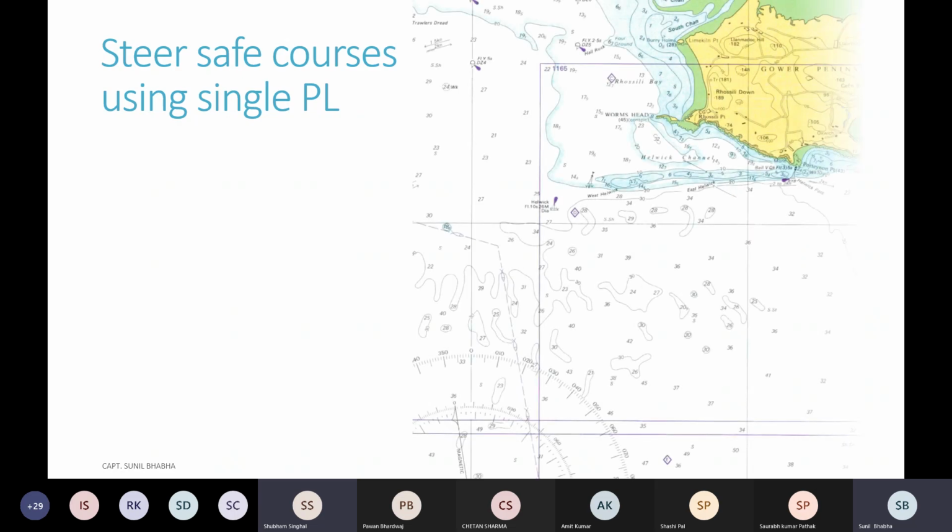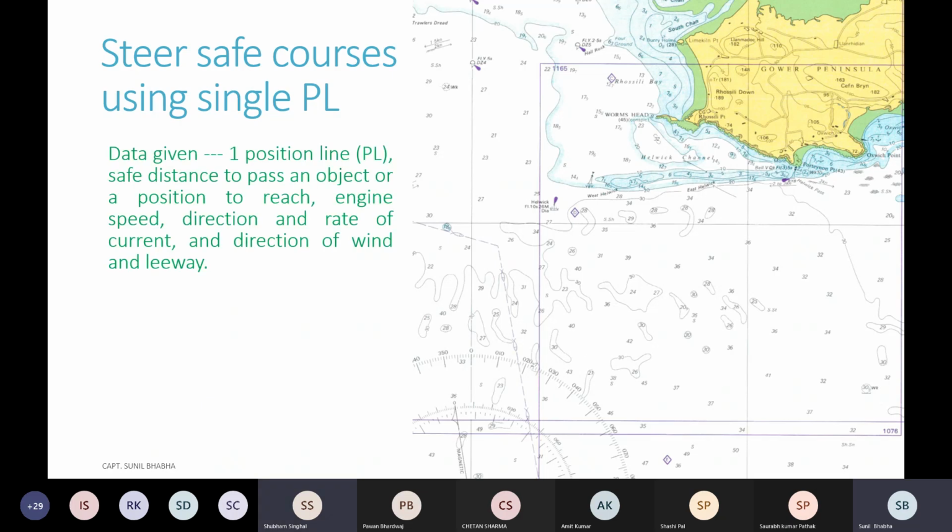Let's open up the chart now, where we will be solving this kind of a problem. So you see a chart, you see a certain area. Let's first try to see what all data is provided to us in these questions. The question gives us one position line taken at a certain time.